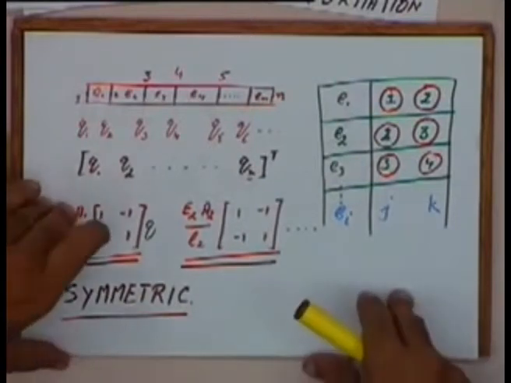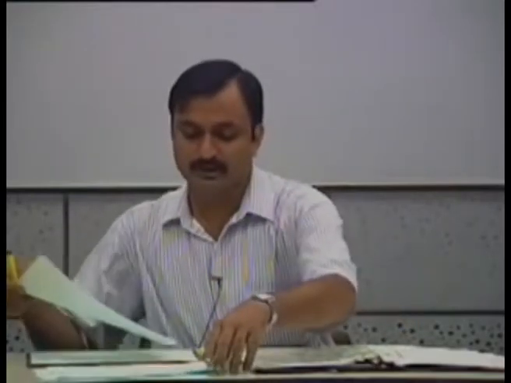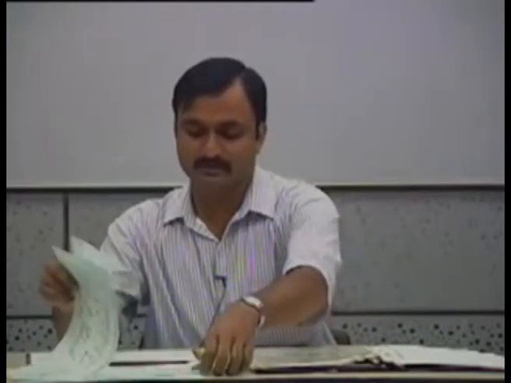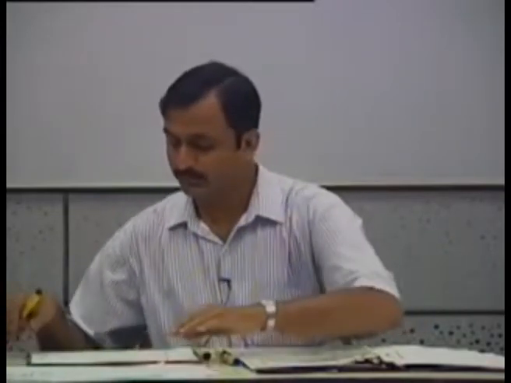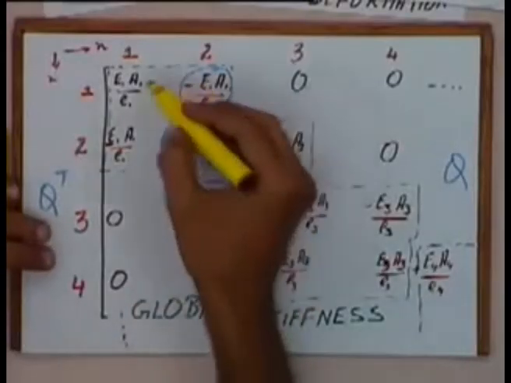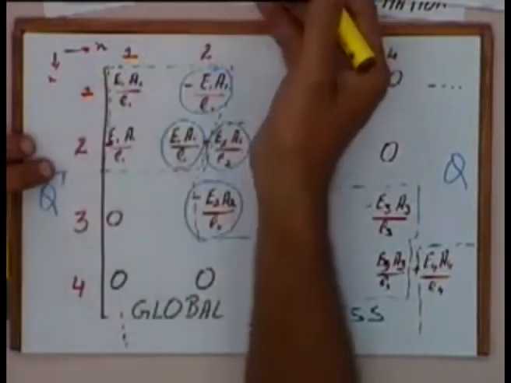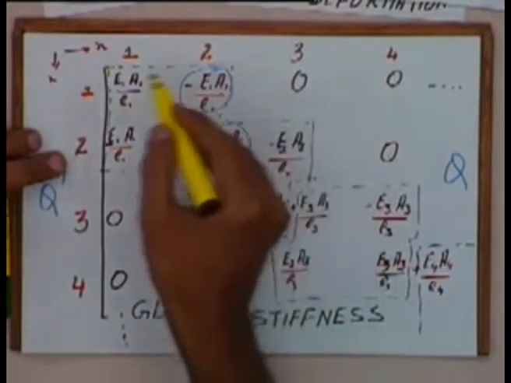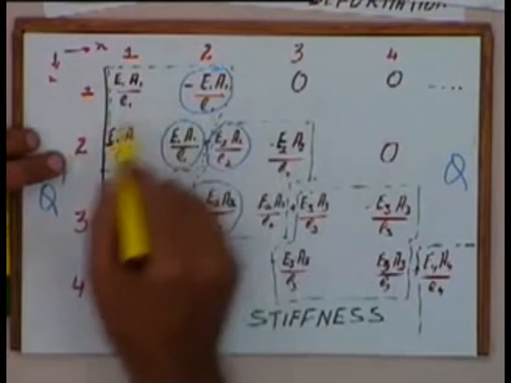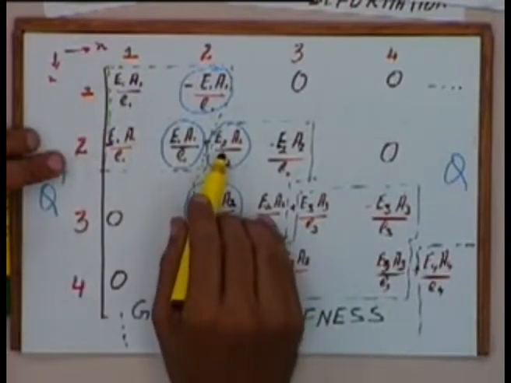And if you see the method by which we have assembled the global stiffness matrix, we have retained the symmetry because the element stiffness matrices have been placed both as row as well as column terms.